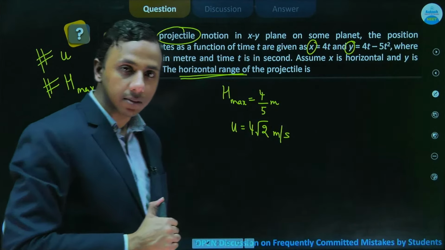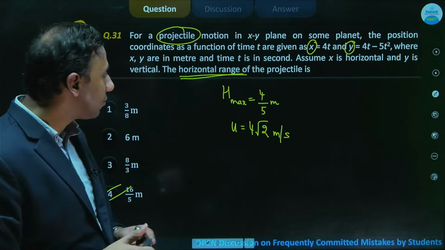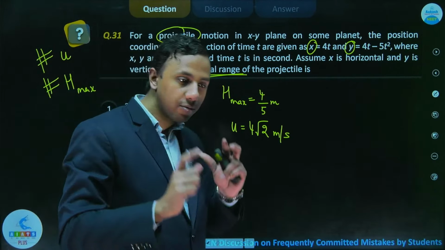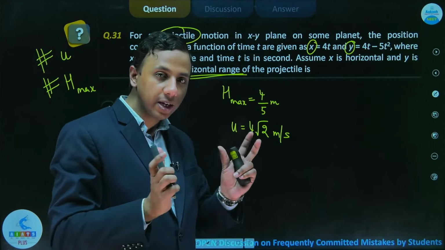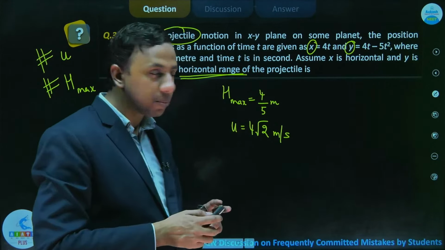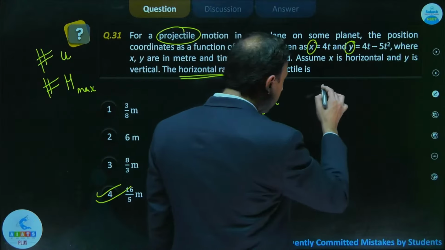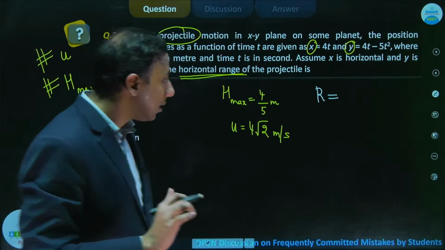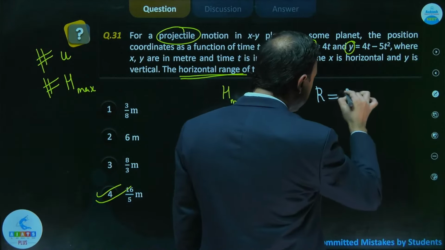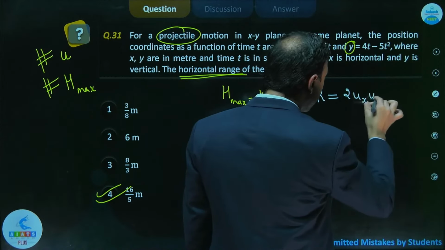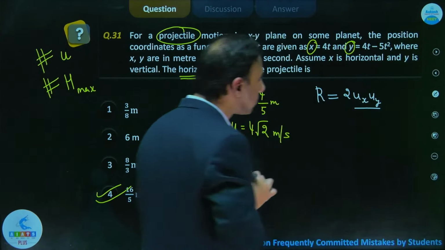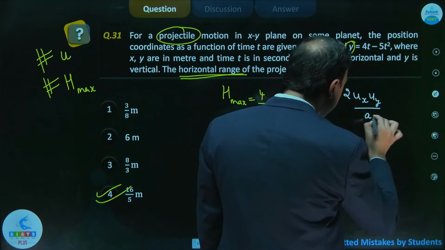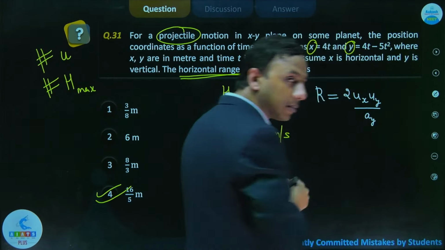There is also a second method using which we could have found this range, right? What is the second method? Remember that formula, the original formula of projectile, because they have already said it's an equation of projectile. So what was the equation for range? Range, remember, is 2 times ux uy by that acceleration, acceleration along y direction, right?